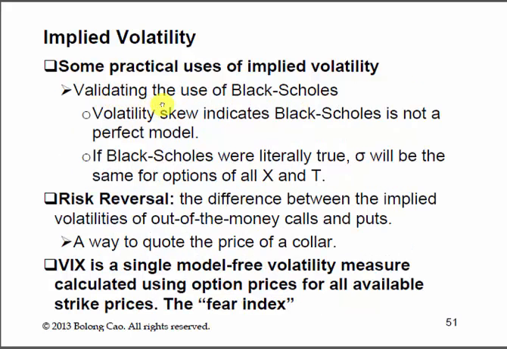One last use of the implied volatility is to validate the use of Black-Scholes. Basically, volatility skew indicates Black-Scholes is not a perfect model. There's something not quite right in the model. If Black-Scholes were literally true, sigma would be the same for options of all strike prices and all different expiration dates.